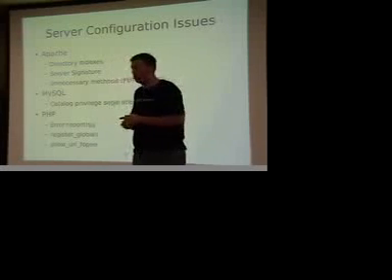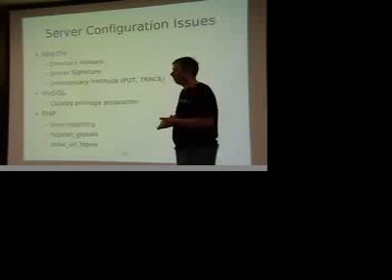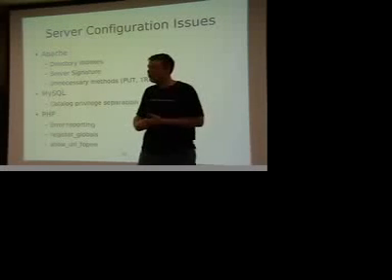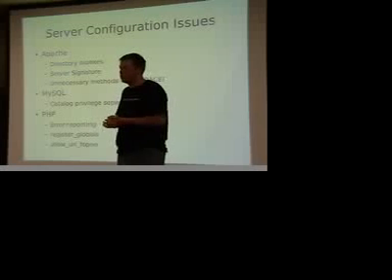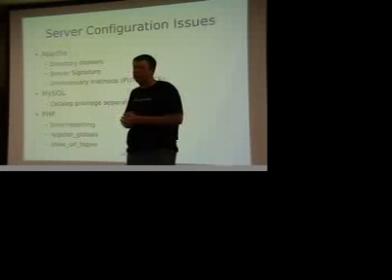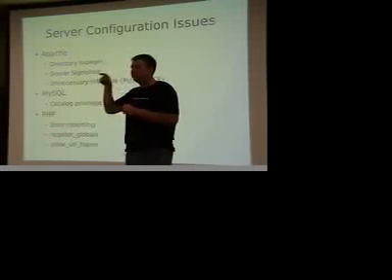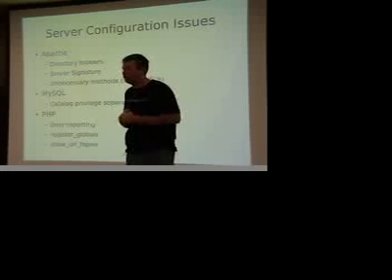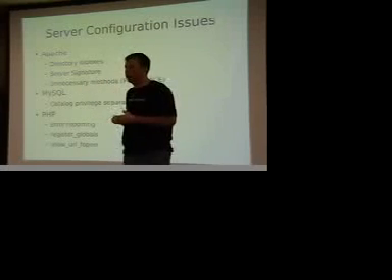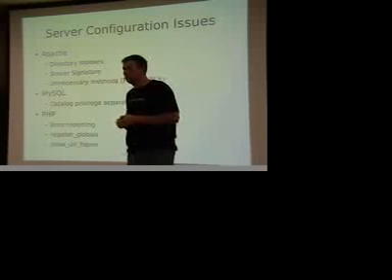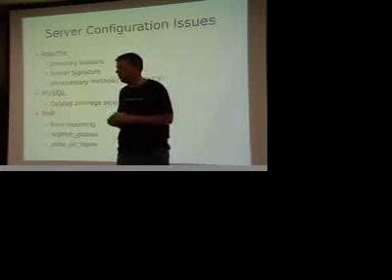With Apache, there's a whole slew of things that Mike will talk about in a little bit as far as configuring it securely. Apache directory indexes: if you've ever gone to a web page and it was just simply a white page with a file listing, if you forget and leave those on, it's free access to look around the server. You never know what kind of interesting things people will leave on there.